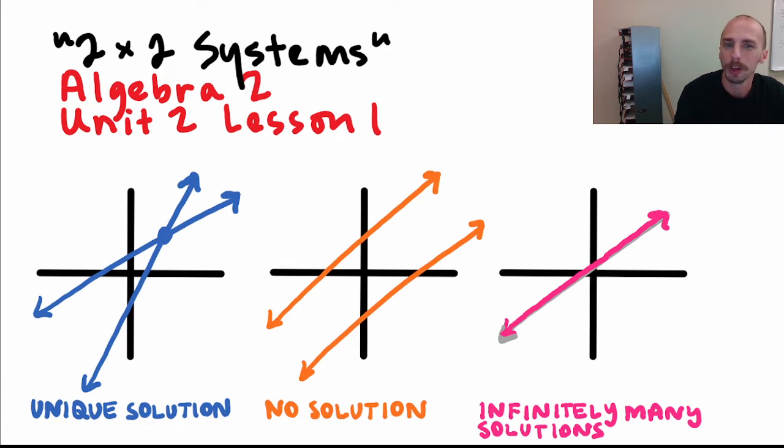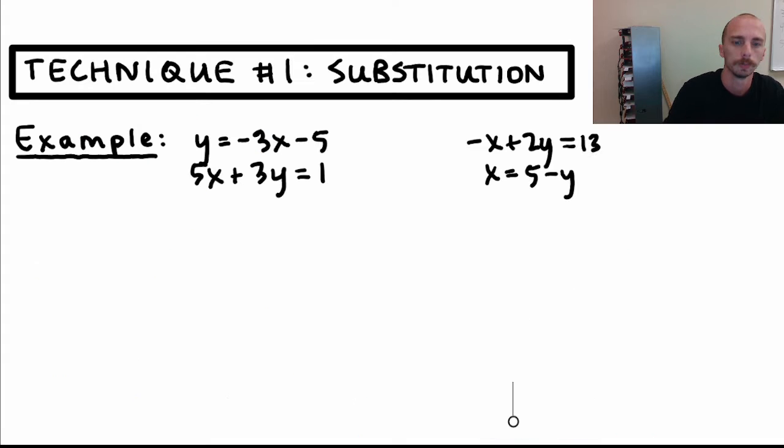But we didn't say that it was all real numbers because a point like this point right there doesn't sit on both lines, right? So there were infinitely many solutions, but not all xy coordinates sat on both lines. So we said infinitely many solutions when that happened. So let's do some examples and let's solve some of these algebraically.